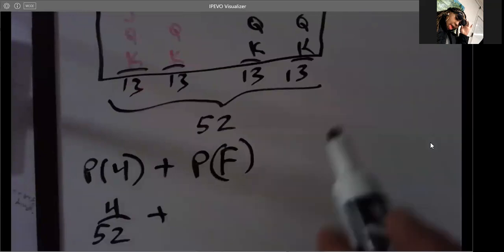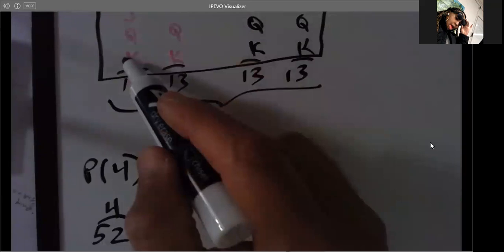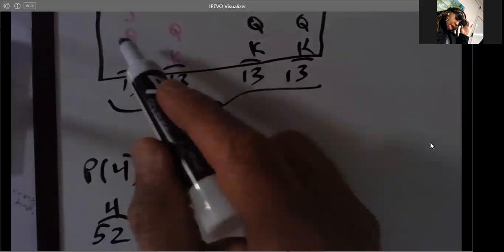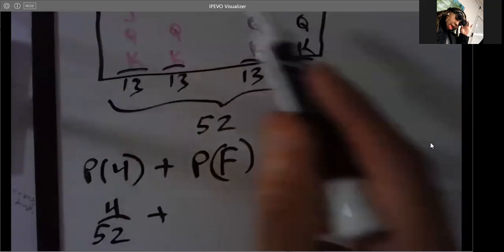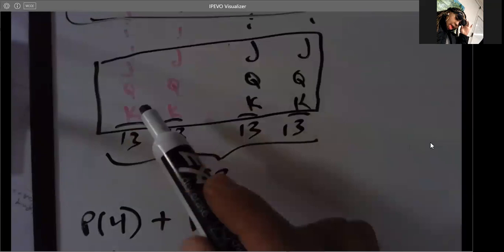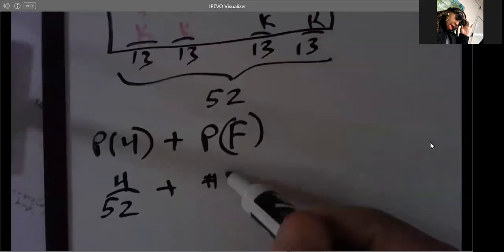Plus, there's 3 face cards, jack, queen, king, in each suit, and there's 4 suits. So how many face cards are in the deck? We want the probability of face cards, so we need the number of face cards over the total.